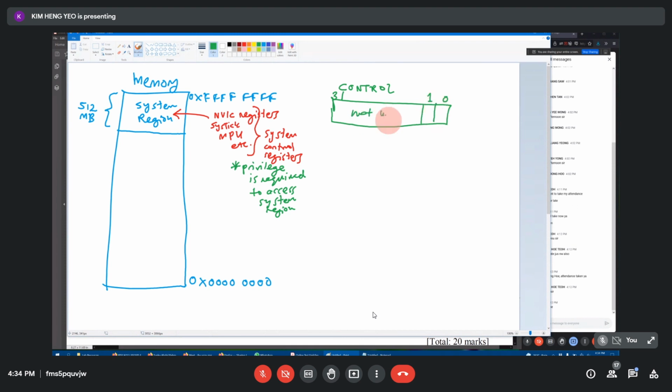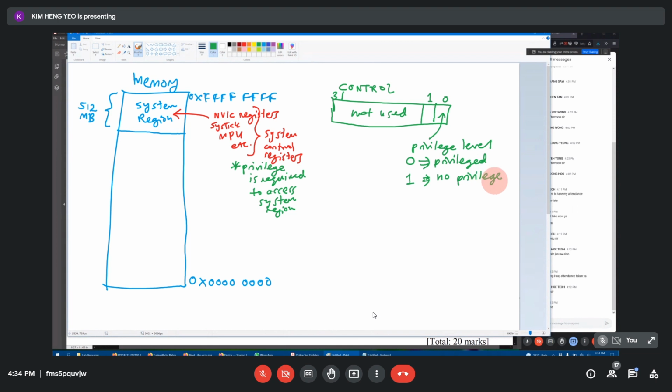The rest is not used. Bit 0 is to select the privilege level. If it's 0, it means privileged, you got privilege. If it's 1, it means no privilege.